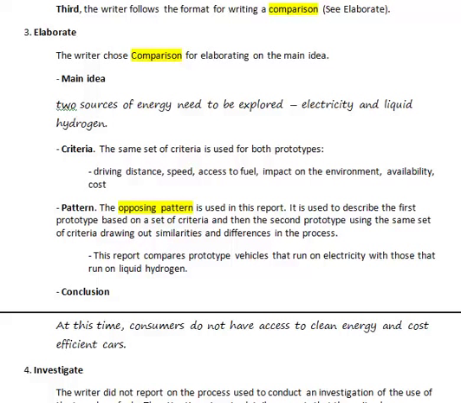It is used to describe the first prototype based on a set of criteria, and then the second prototype using the same set of criteria, drawing out similarities and differences in the process. This report compares prototype vehicles that run on electricity with those that run on liquid hydrogen. Conclusion: at this time, consumers do not have access to clean energy and cost-efficient cars.